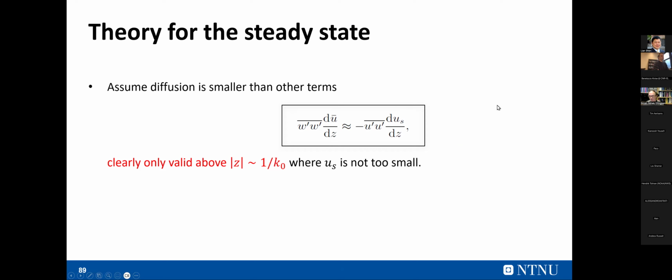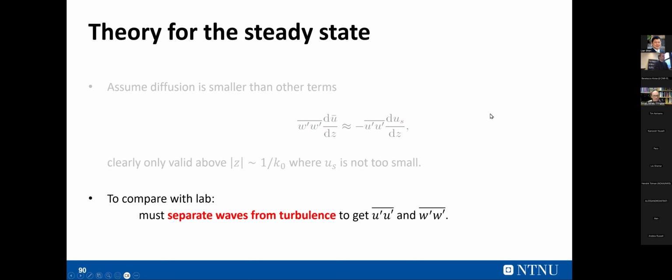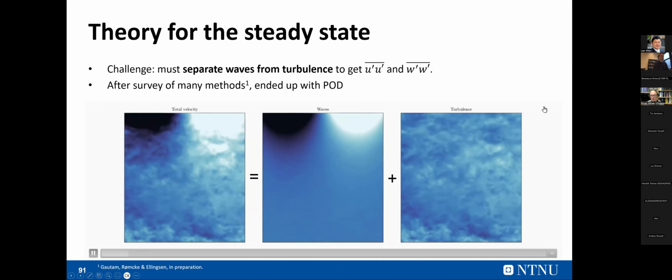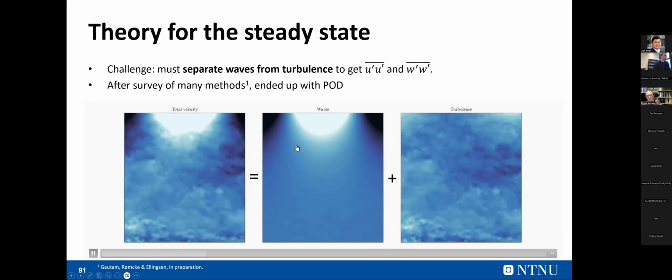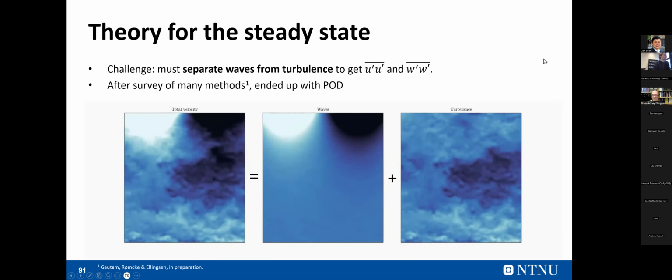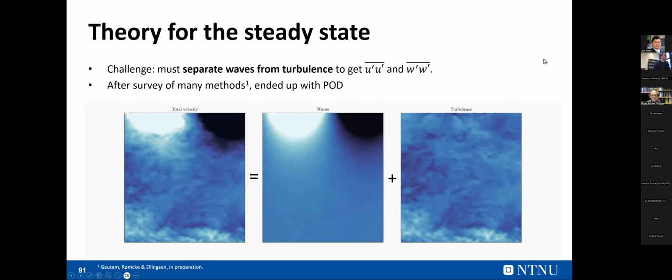Can we test this in the lab? That's a question. First, we have to try and tease out these Reynolds stresses from our experiments. That's not so easy. So a big effort went into trying to separate the total velocity field into waves plus turbulence. That's a story for another day.